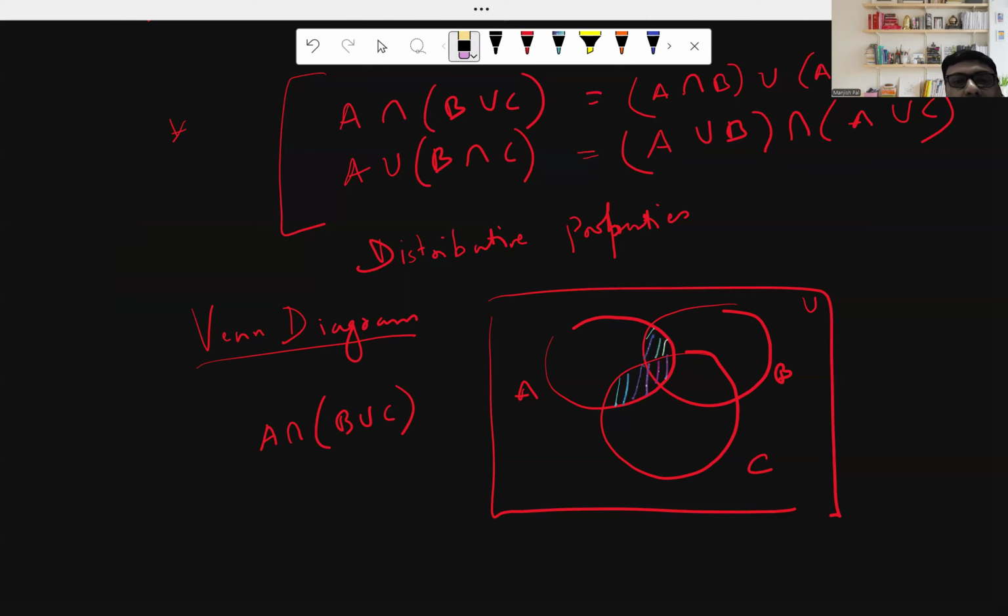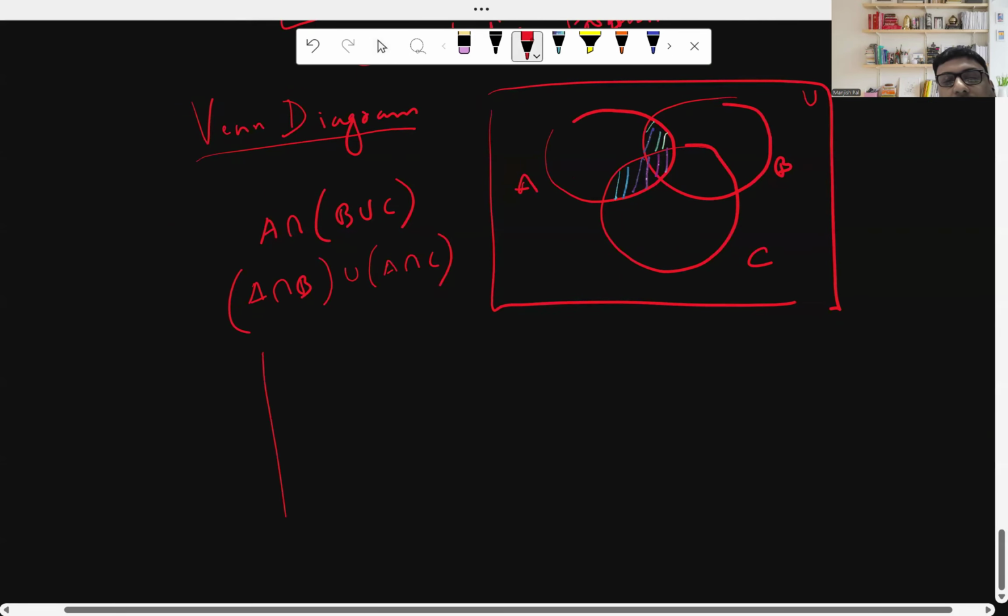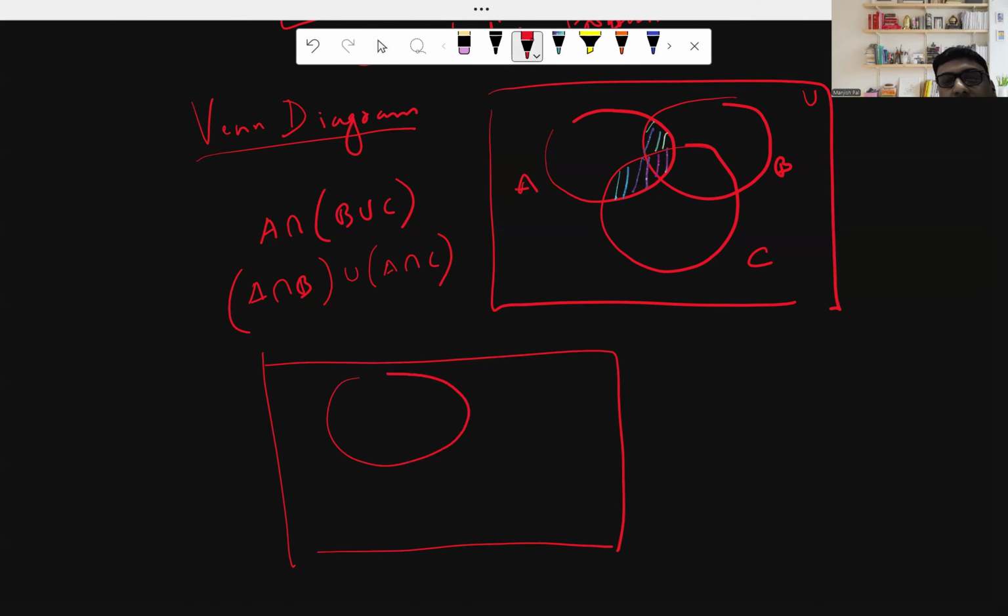And if we look into this quantity, which is A intersection B union A intersection C, so A intersection B is this quantity, and A intersection C is this quantity.